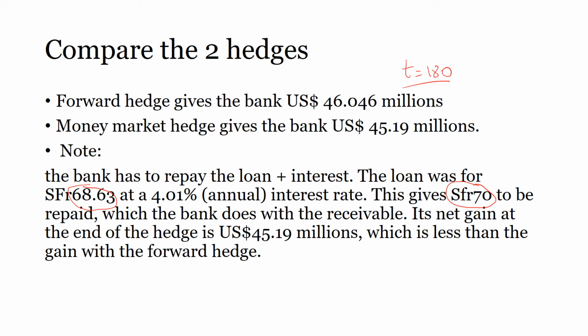You have no loss, no gain here. Your only gain will be $45.19 million, which is the amount of money you got from investing at the US interest rate. That's it. This is the bare minimum, with or without the issue of borrowing. You decide whether you have to put it, but this is the bare minimum to answer the question.